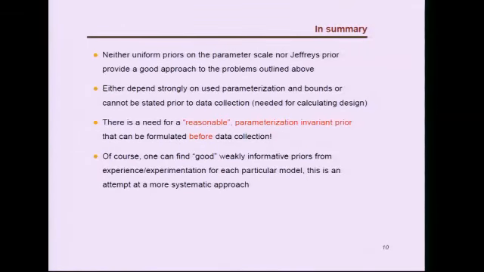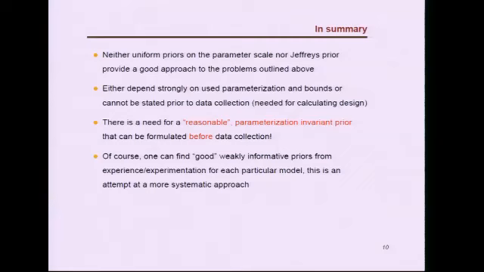So just to sum up the motivation, both of these priors are not perfectly suitable for the problems that I've shown. They either depend on the parameterization or the bounds that you select, and the Jeffreys prior has a problem that you cannot really state it completely before data collection, because if you have an experimental design that changes during the trial, you cannot really state it before you start the trial.